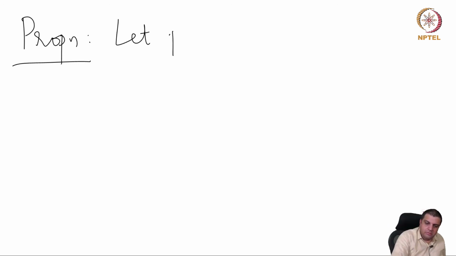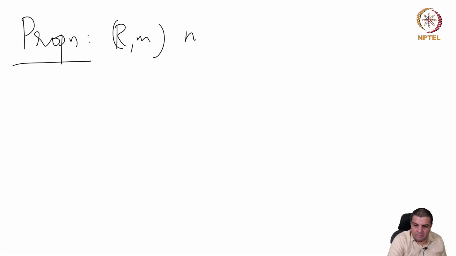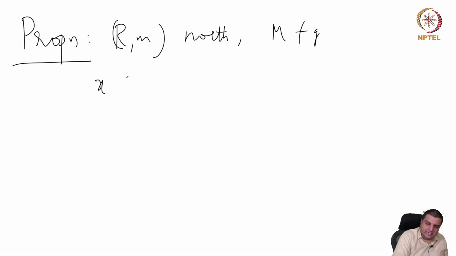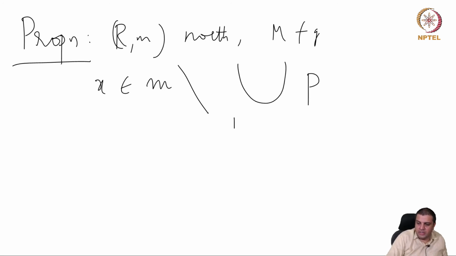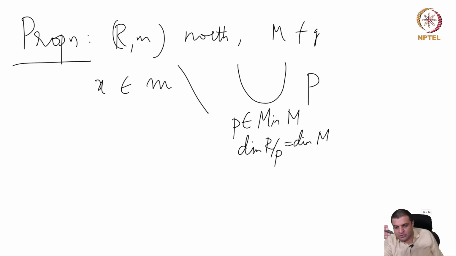Let R, m be Noetherian with the same notation as in the theorem, and M finitely generated, and x inside the maximal ideal but not in the union of all primes P where P is a minimal prime and dimension of R mod P equals dimension of M. So an x with which you can actually cut dimension.